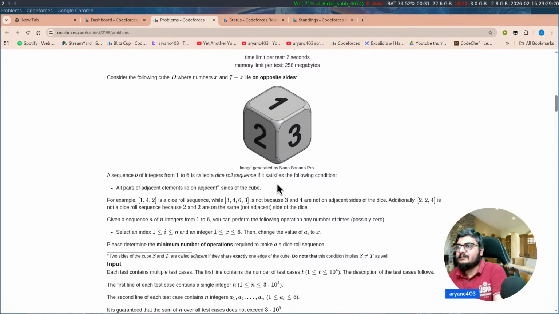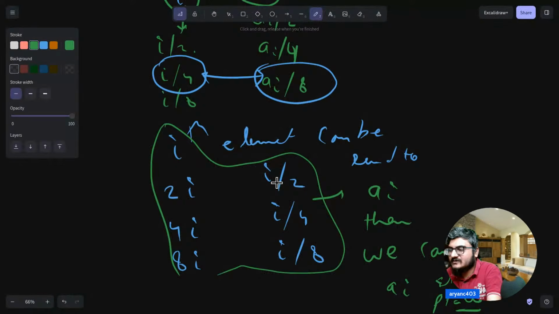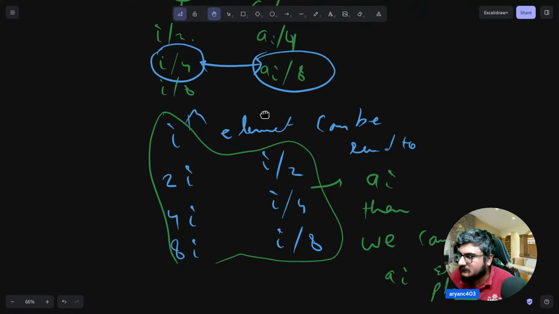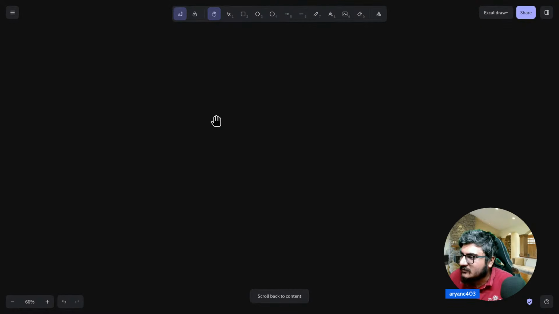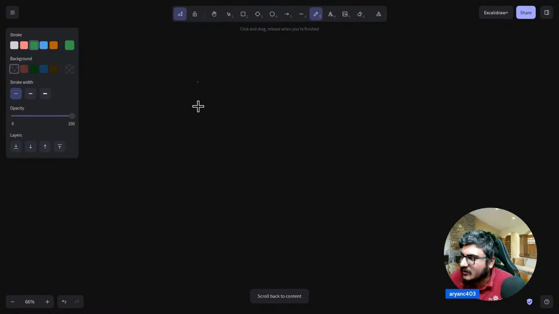Okay, so essentially the problem statement asks us to first see what a die roll sequence is. A die roll sequence is like this. Essentially, you have a cube.